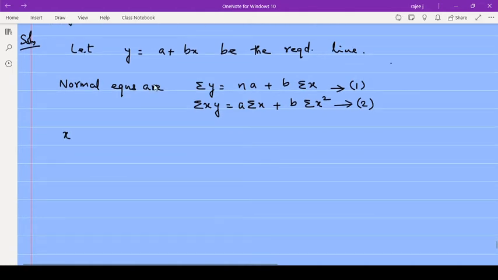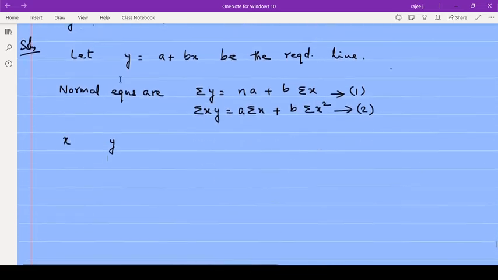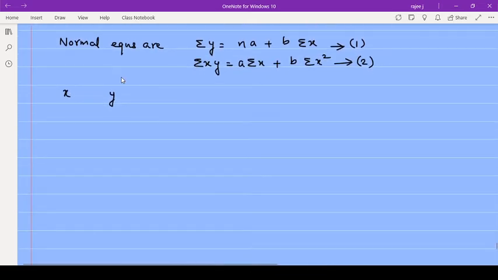So I'll write here x and y. The x data is 1965, 1966, 1967, 1968, 1969.